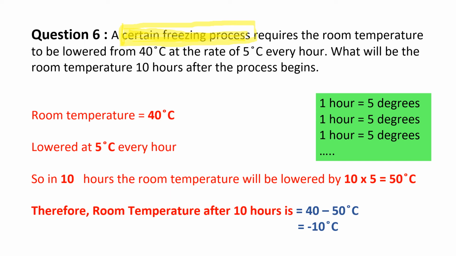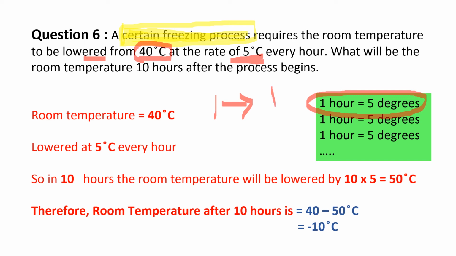So in 1 hour, they are decreasing 5 degrees, right? We have to lower it, right? And how do we have to lower it? We have to lower 5 degrees Celsius every hour.